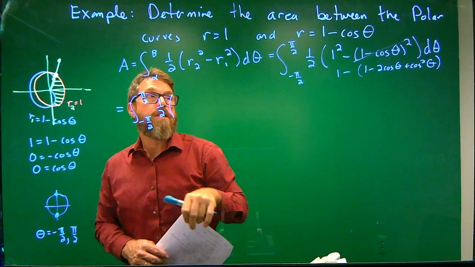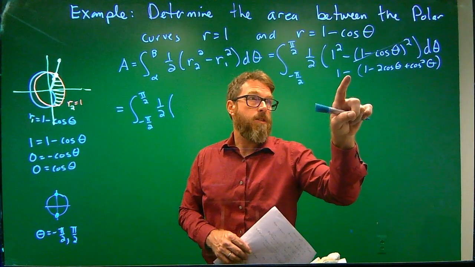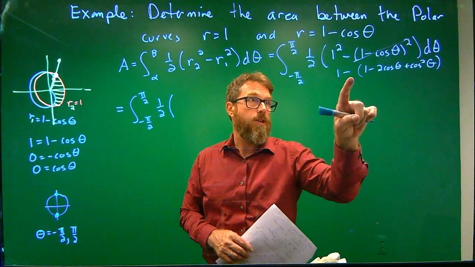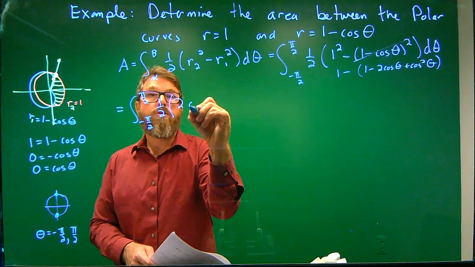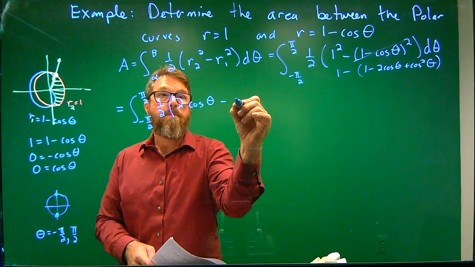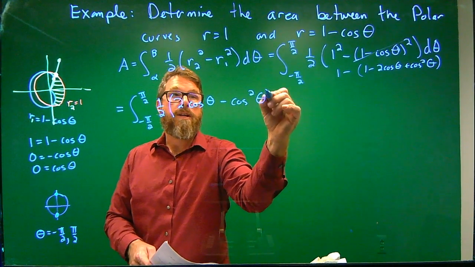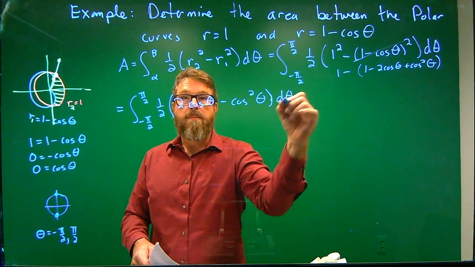So let's just simplify this. 1 minus 1 is going to be 0. This is going to be plus 2 cosine of theta, and this is going to be minus cosine squared of theta d theta.